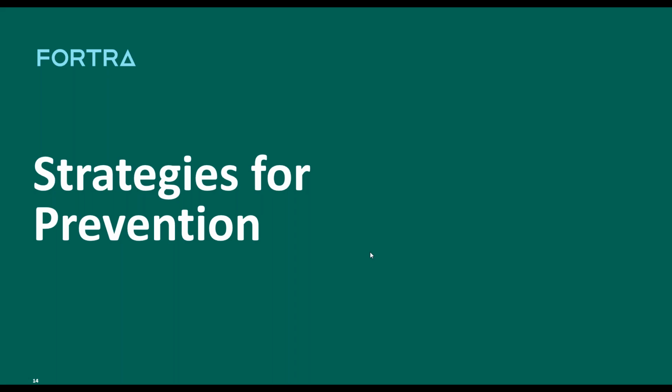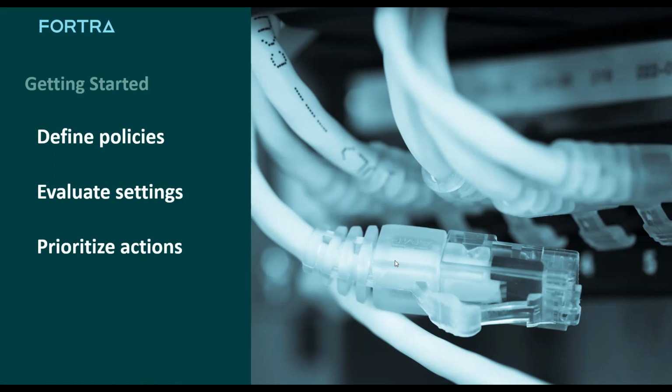So let's talk about those strategies for prevention. How are we going to ensure that the IBM i is not going to be the victim of those attacks? When we're getting started, you really want to start by defining your policies. Understand any regulatory requirements that you have that dictate what you should be doing with security on the server, and what layers need to be in place, whether it is a SOX requirement, or if you have ePHI, private health information, on your system, or if it's merely an internal security policy.